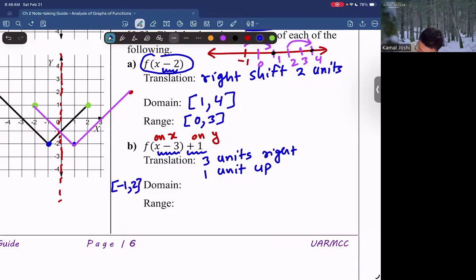So your new domain is going to be 3 units to the right. Go ahead and write your answer and check with me. That will be your new domain. The old range was 0 to 3, 1 unit up. So you can write the new range. It will be from 1 to 4.